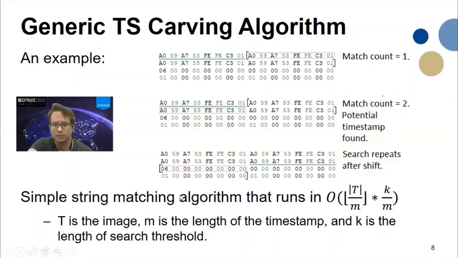It runs in big O quadratic time, more or less, where t is an array representing the disk image. This symbol means the length of the disk image divided by m, the length of the timestamps, with the floor symbol, of course, multiplied by k, the search window, divided by the length of the timestamps.